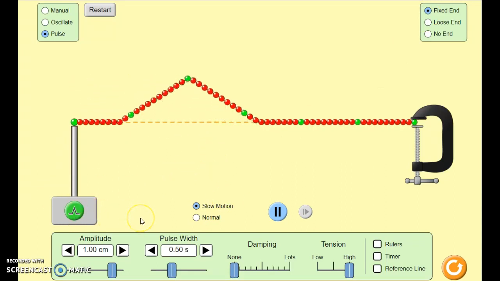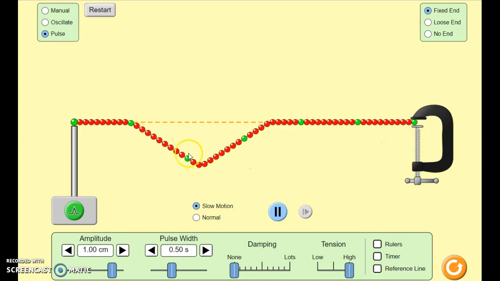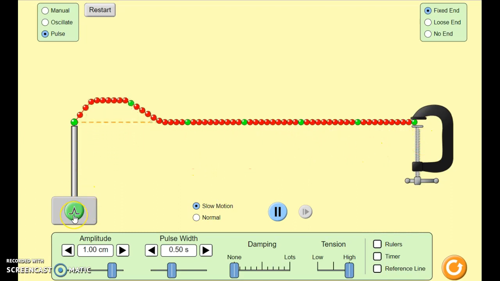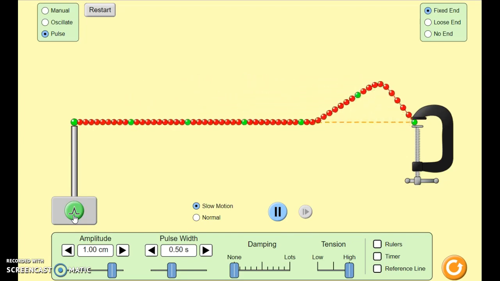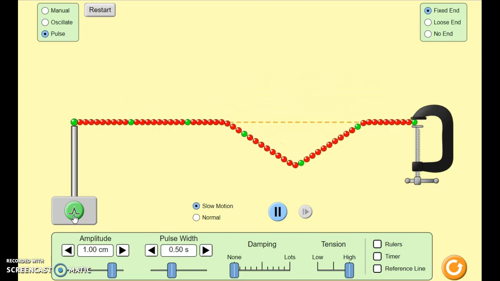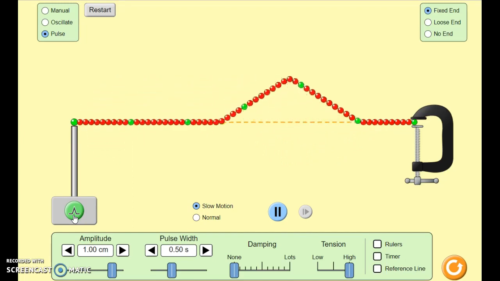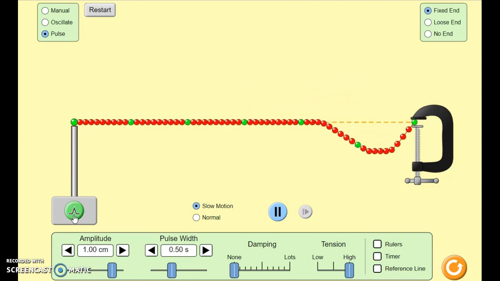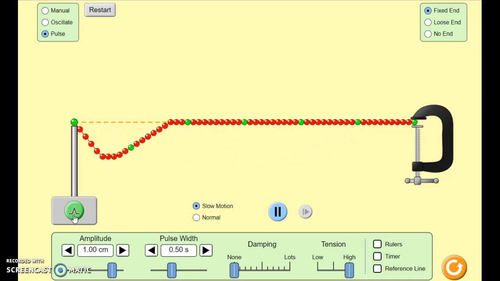So when I pulse this, the wave reflects back at the fixed end and comes back to the starting point and reflects again, and then travels underneath again. So what happens if I pulse it again right when it's reaching the starting point? So I'm going to pulse again.